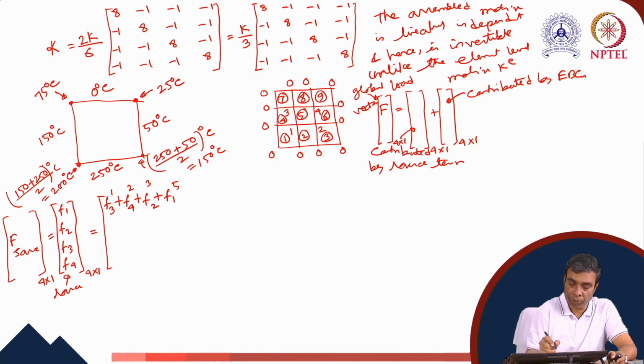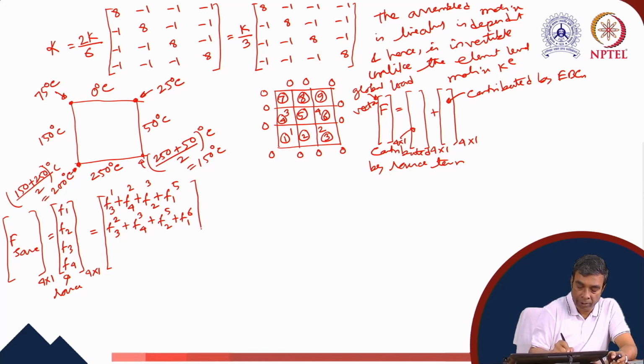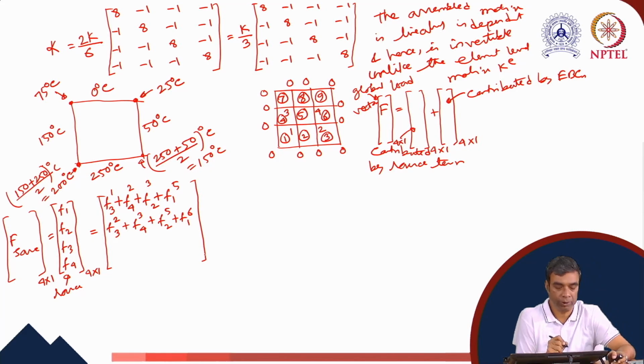Now when we go for F2, then we see here F3 of element 2 plus F4 of element 3 plus F2 of element 5 plus F1 of element 6. If we observe these first two rows, then we understand that in the source term load contribution, we are having contribution from local node 3, local node 4, local node 2 and local node 1.